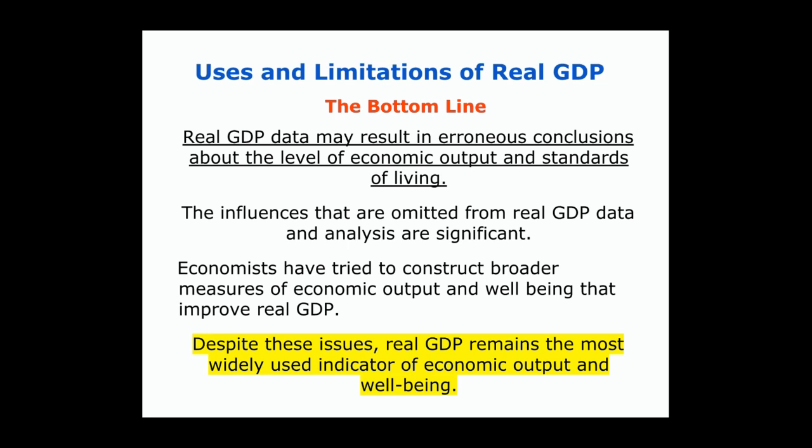And so the bottom line is that real GDP is what economists use to try to understand production in the economy, to try to understand economic growth, to try to understand standards of living over time. There are issues with the GDP statistics. We know certain things are included, we know other things aren't included, and despite these issues, we use real GDP because it's the best indicator that we have about economic output and about economic well-being.